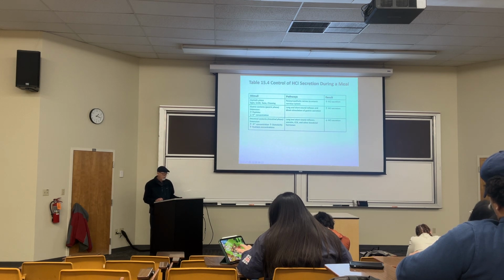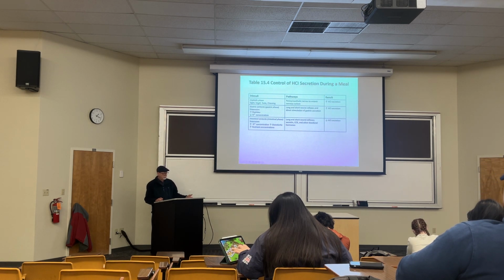Here's the cephalic phase, parasympathetic nerves, enteric nervous system. It's caused by the sight of food, the smell of food, the taste of food, chewing, and you're going to increase your hydrochloric acid secretion. You're also going to increase motility and that kind of thing. You're going to have more gastrin secretion and all of that, histamine.